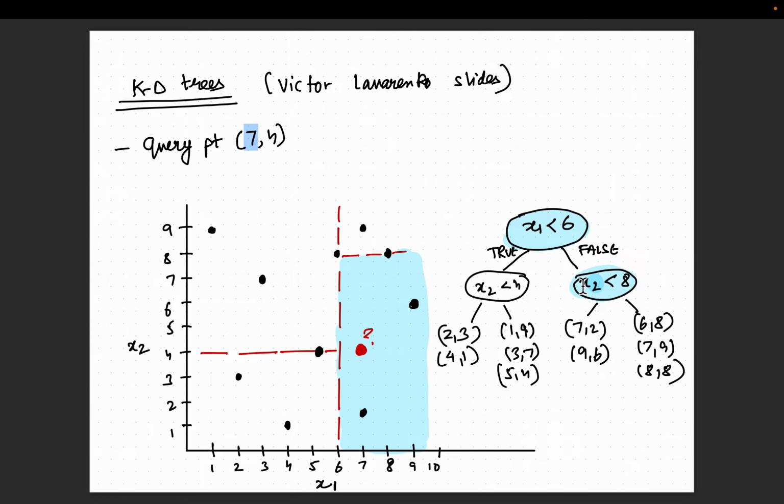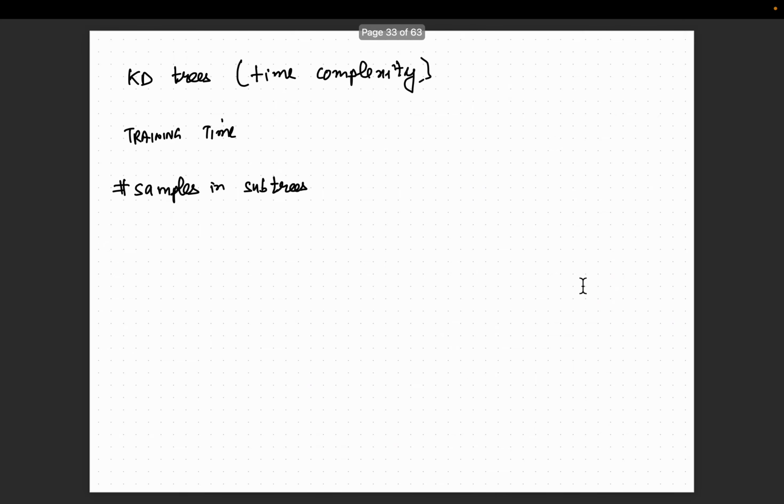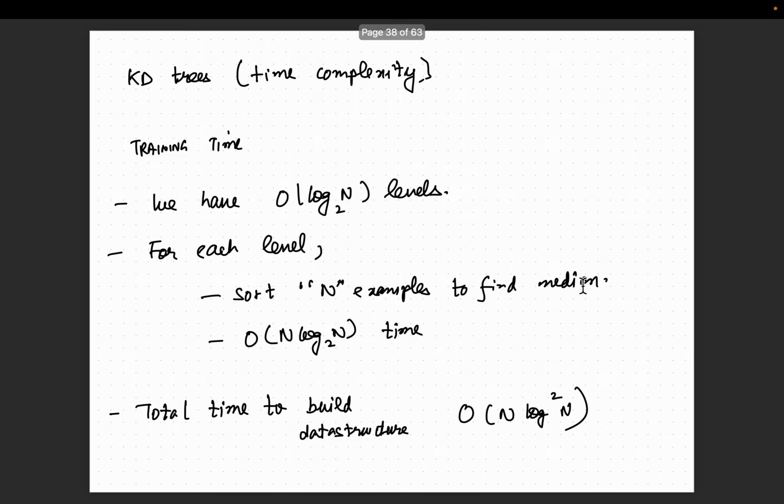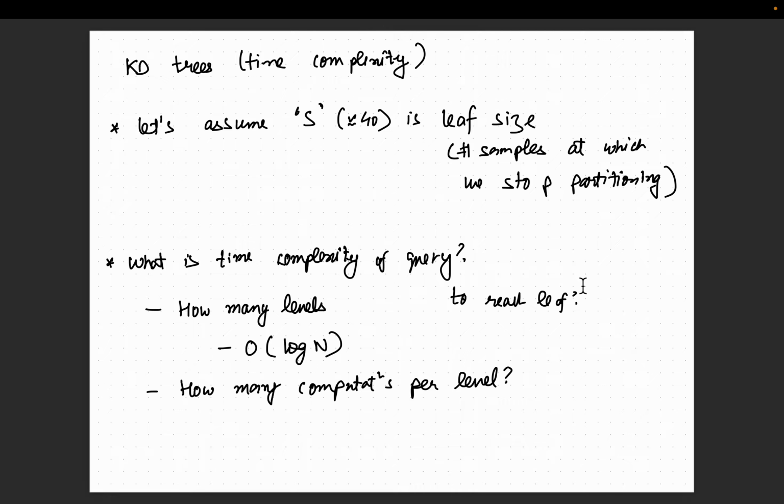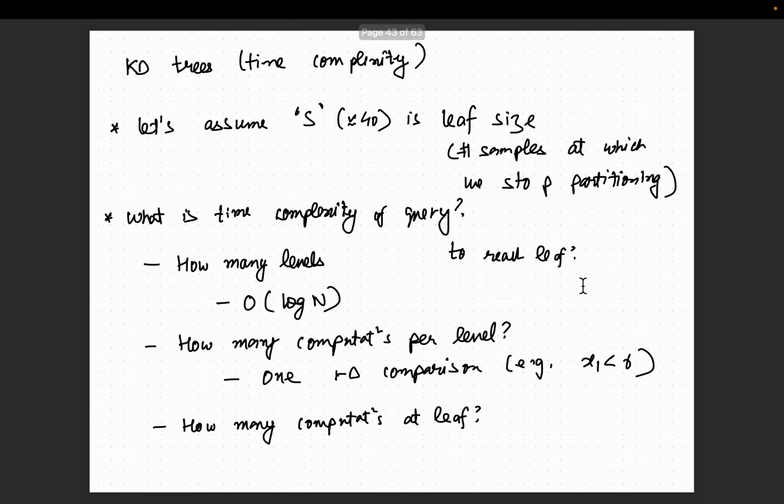How many computations? 1. For each level, I require a single computation. So when we traverse down the tree in some log n levels, with a single computation at each level, the total number of computations required to reach the leaf node is log n.